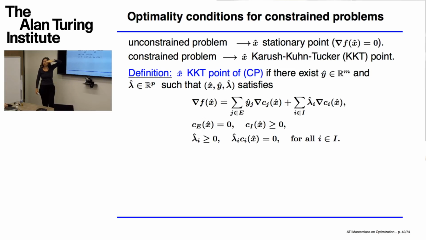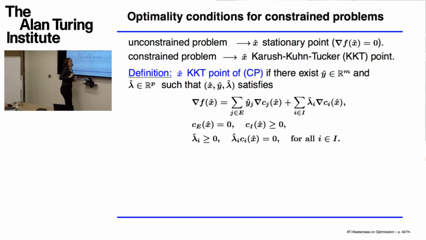So the characterization to first order of constrained minimizers is complicated. And essentially, it's telling us the following: that the gradient of the objective at a KKT point is a linear combination of constraint gradients. So these are the gradients of my equality constraints. These are the gradients of my inequality constraints.